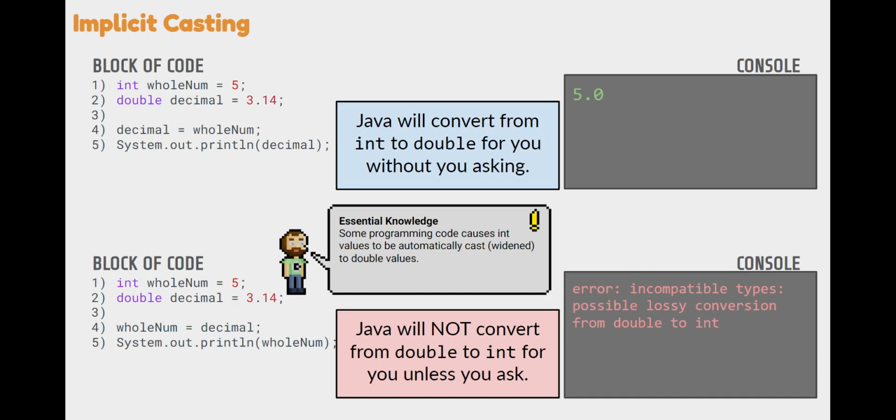So Java will not convert from double to int for you unless you explicitly ask it to by using an int cast operator. If you tried to run that code on the bottom left, you would get an error. It would tell you incompatible types, possible lossy conversion from double to int, meaning that you can lose some data. You're going to lose those decimal places.